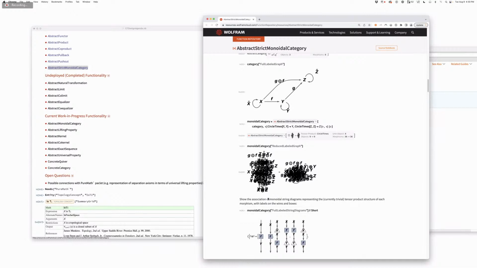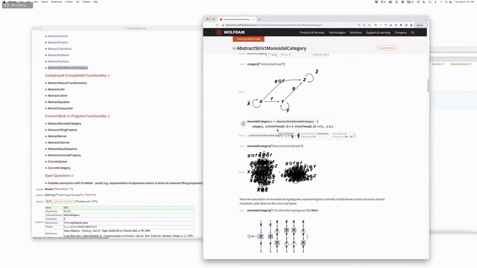Presumably that's this category C cross C here. Is that right? Yeah. So the left-hand side of that functor over there in input 25 is the product category. Okay. And this maps down to a single copy of the category. Is that right? Yes.